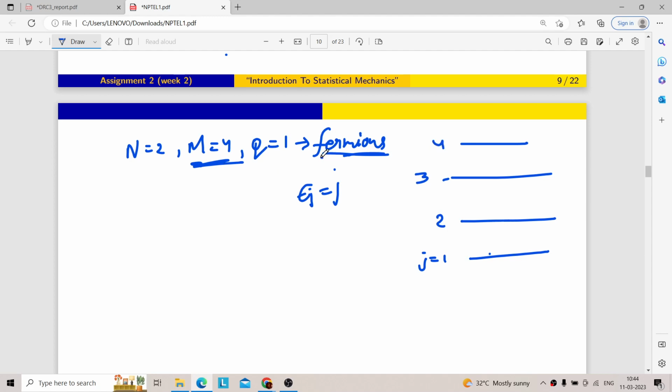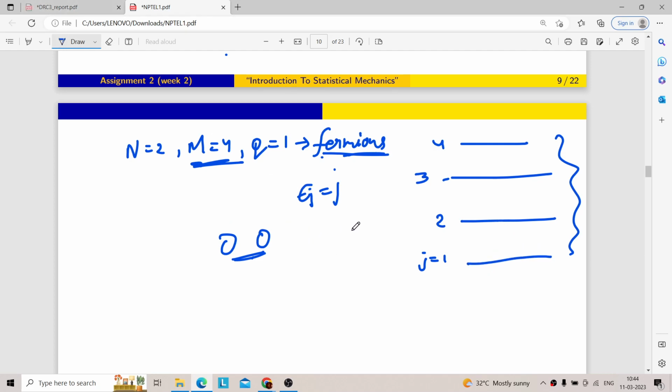We are given 2 particles or 2 balls, whatever you like to call them, and we have to arrange these 2 balls in these 4 energy levels. And what is the condition? Only one ball can go to one energy level. We can't put 2 balls on a single energy level, so we have to arrange them like that, and we'll find the entropy for that microstate.